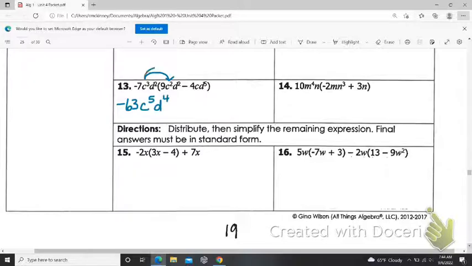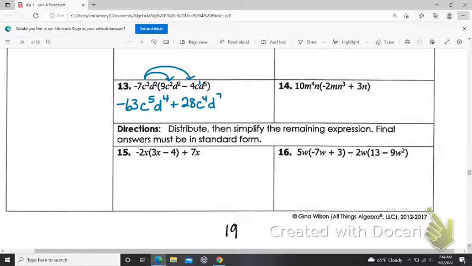Now I'm going to move on and take that outside factor times the second term. 2 negatives when I multiply give me a positive, so that's 28. This guy counts as 1, so c to the 4th, and d to the 2 plus 5 is 7.